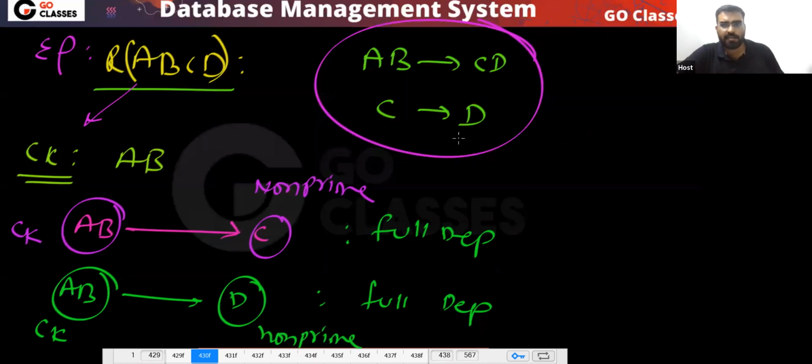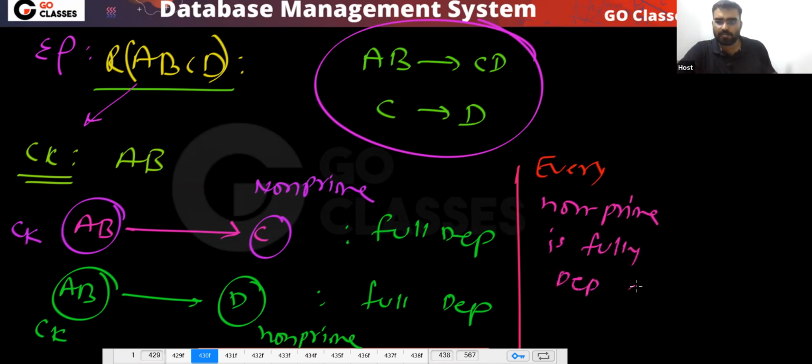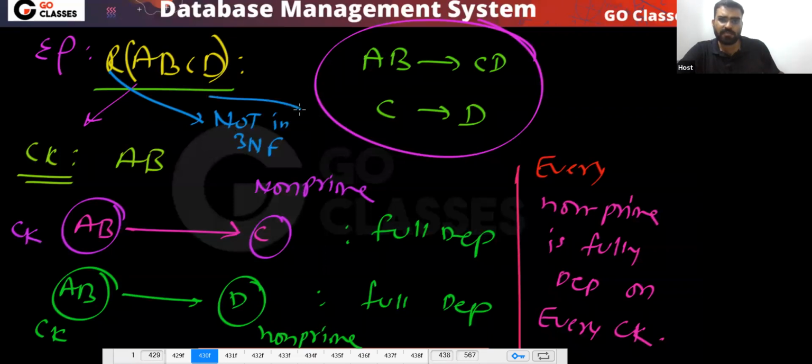So can I say every non-prime is fully dependent on every candidate key? But still this is not in 3NF. Yes or no? Is this clear? Because this is the violation of 3NF.